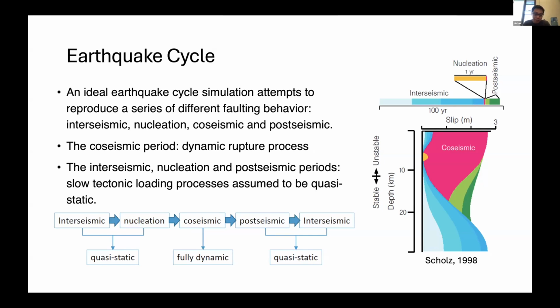And that's enough for dynamic rupture, but it will not spontaneously move to the next earthquake if you are trying to put it in an earthquake cycle modeling context.